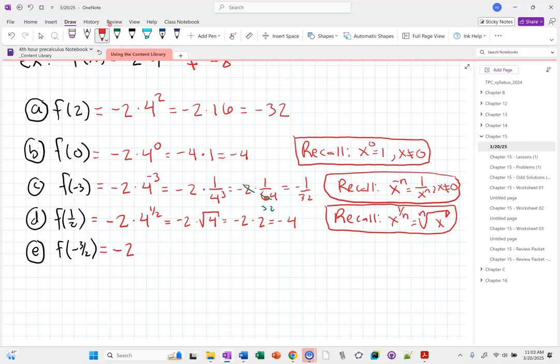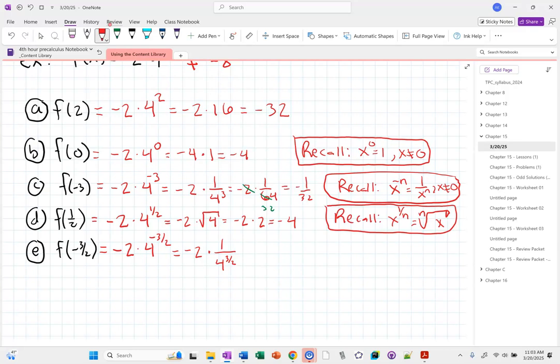And then our last one is going to be this, right? Negative 2 times 4 to the negative 3 halves. Everybody's okay there? And then just like before, I'm going to do my negative exponent property to give me 1 over 4 to the 3 halves.